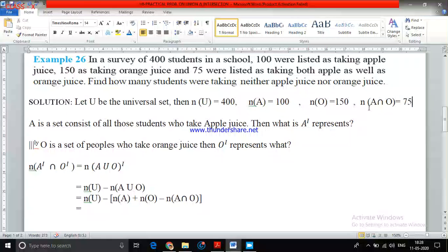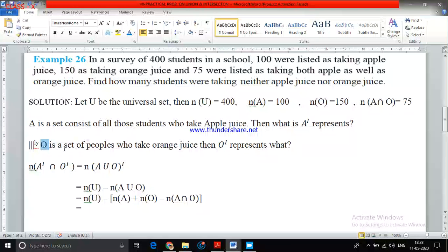Not drinking means, if A intersection B represents drinking of both the juices, then not drinking means its complement, right? The complement represents the negative of the statement. So if A is the set of all those students who drink apple juice, then A complement represents those who are not drinking apple juice.